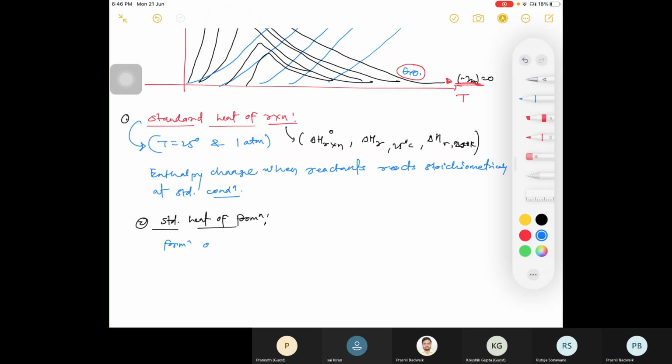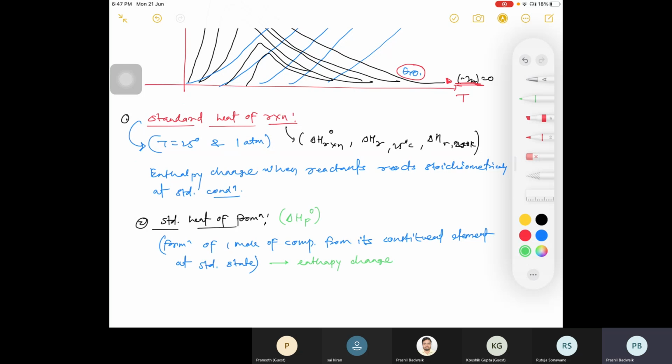Formation of 1 mole of compound or the product from its constituent elements at standard state, and whatever enthalpy change is there, that is your standard heat of formation. I am representing standard heat of formation as delta HF naught.